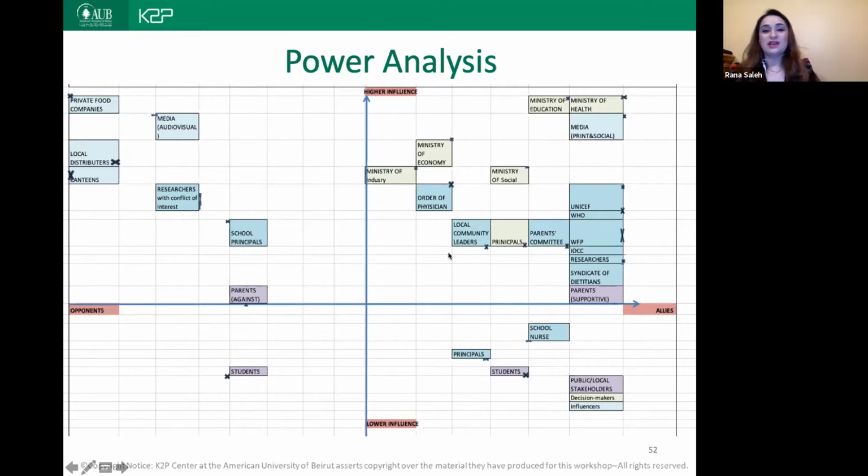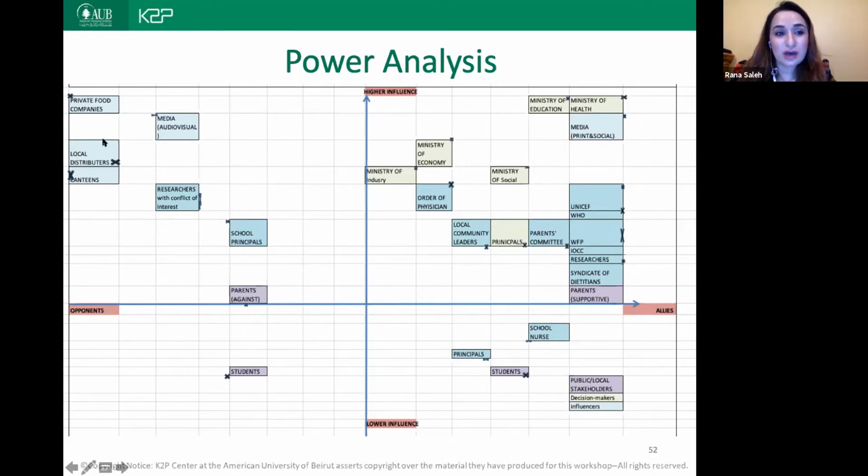So as you can see here, once you plot everyone, you can know who are your allies and who are your opposition, and you can think of ideas on how to proceed next. One of the main ideas that you would get is to form a coalition with all the people who are supportive, right? Have some lobbying in order to get those in between to support you more, right?